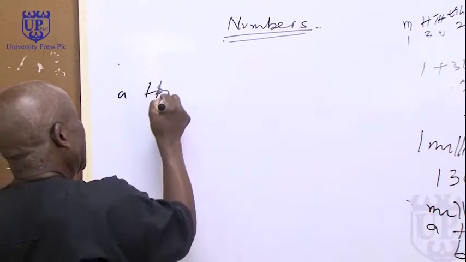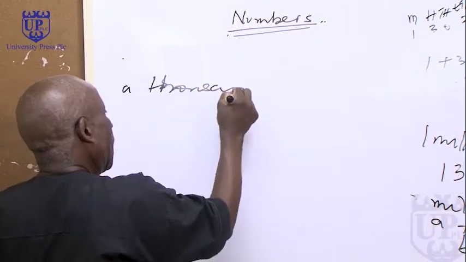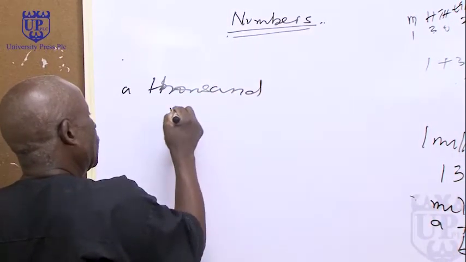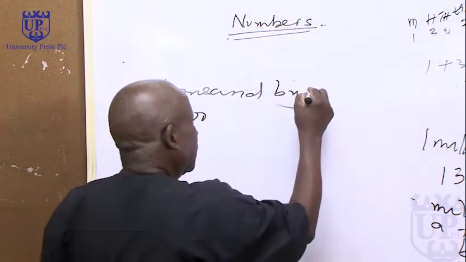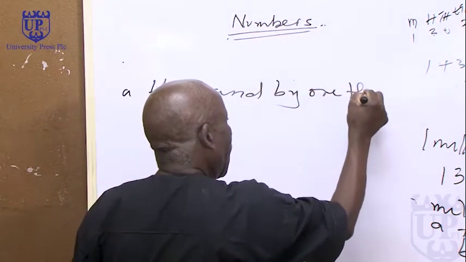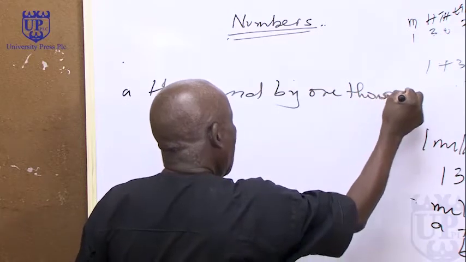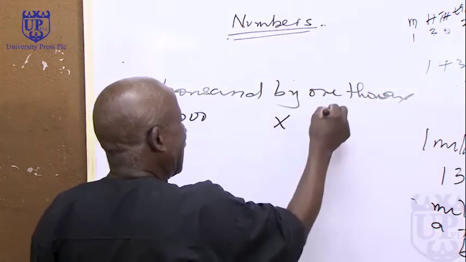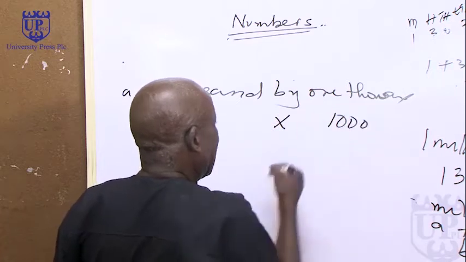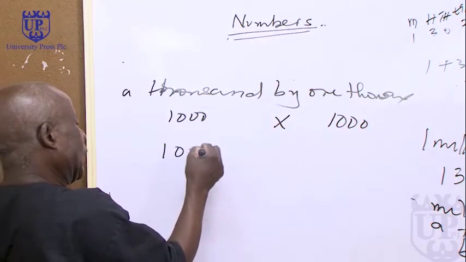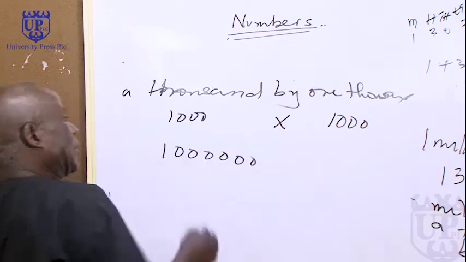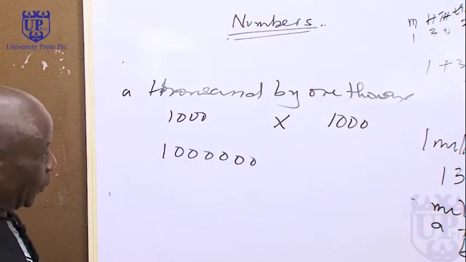1,000 is 1,000 by 1,000, that is multiplied by, that is the meaning of by. How many zeros now? That is 1, 2, 3, 4, 5, 6. That is a million.